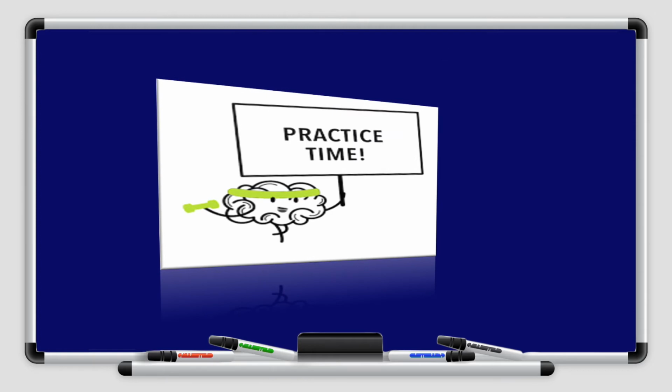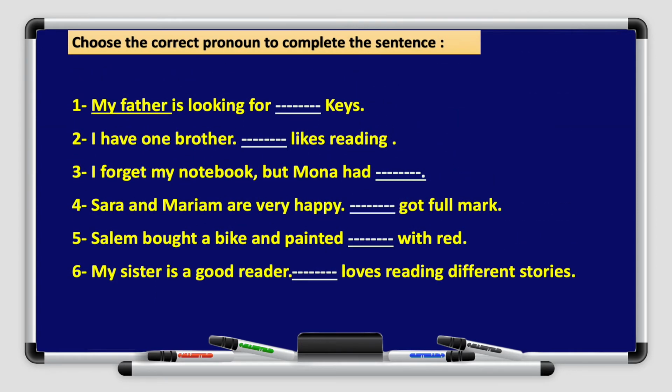And now, let's check your understanding by doing some exercises. I advise you to try to do it by yourself, then check the answers from the video. Choose the correct pronoun to complete the sentence. Number 1. My father is looking for keys. Number 2. I have one brother. Likes reading. 3.